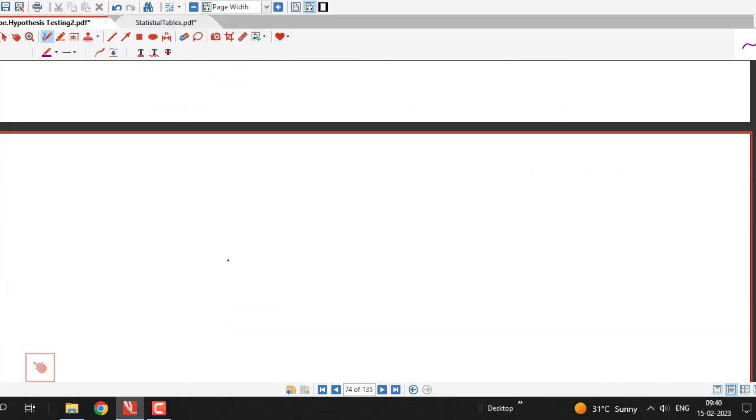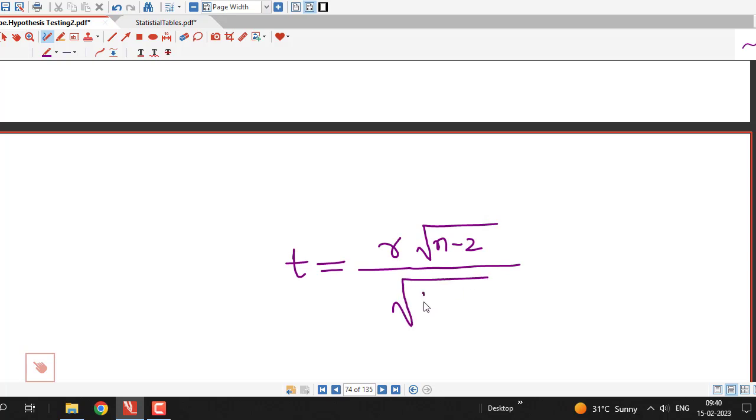It is known as t-test for correlation coefficient or hypothesis test for correlation coefficient, and this statistic formula must be kept in mind. It is t equal to r times square root of n minus 2 divided by square root of 1 minus r square, provided that null hypothesis is rho equal to 0 and this is correct.